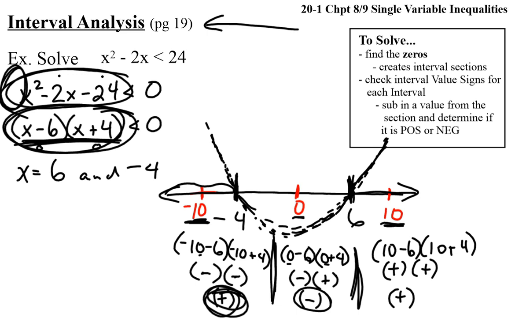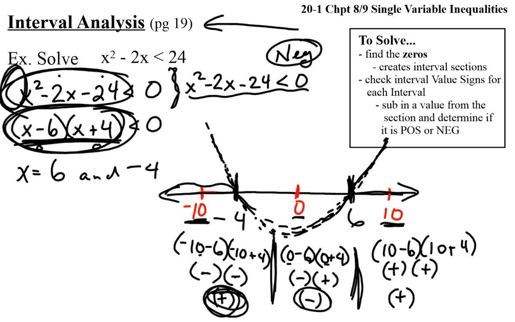So now we have this key part here. Our quadratic parabola needs to be less than or equal to 0, or negative. That's what our inequality tells us. We can see by our test points that we want to know where our quadratic is negative, and that happens between -4 and 6.